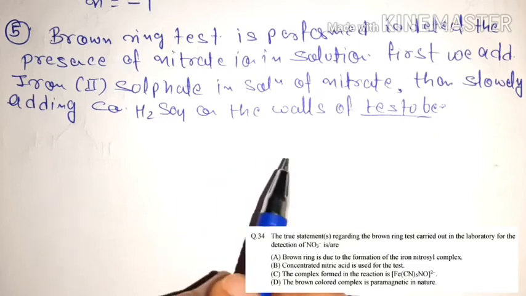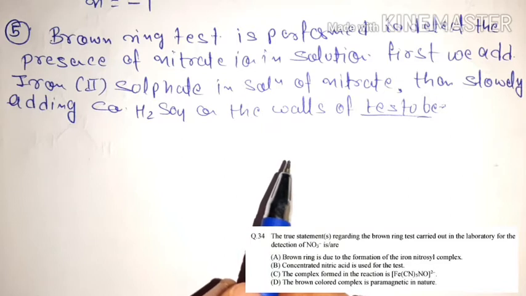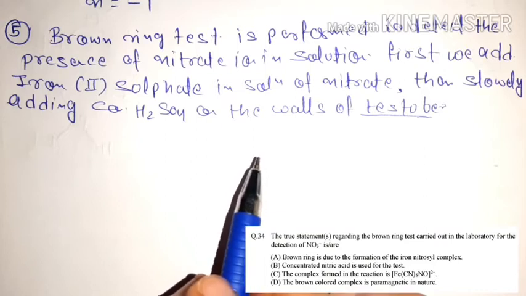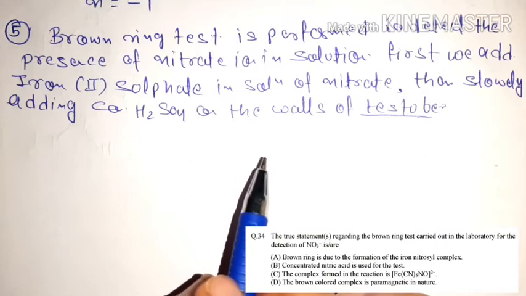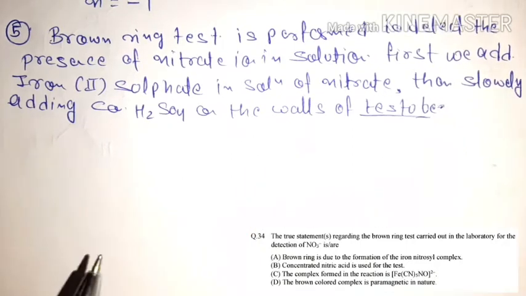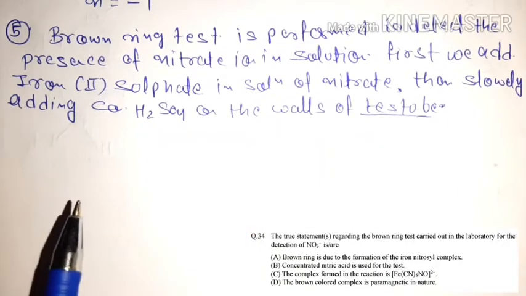Now what happens after this? We see that in this test the acid forms a layer below the aqueous solution, and a brown ring will form at the junction of two layers. This is the result or observation of this test. So what will we observe?